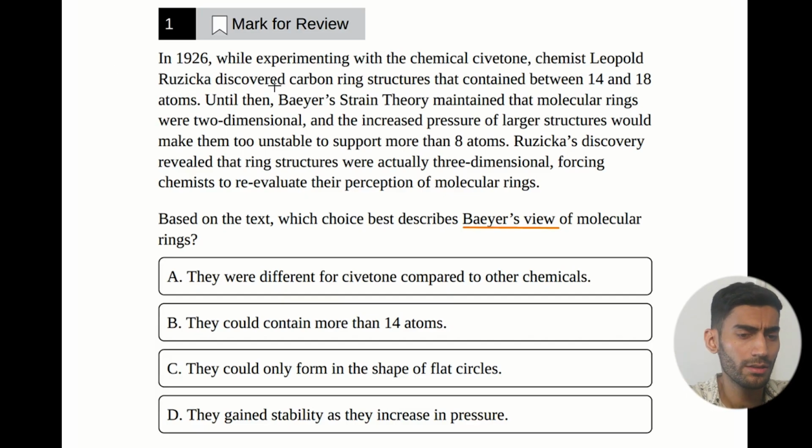So he discovered carbon ring structures that contained between 14 and 18 atoms. Okay. Another scientist, which we don't really care about that much, discovered carbon ring structures that contain between 14 and 18 atoms.